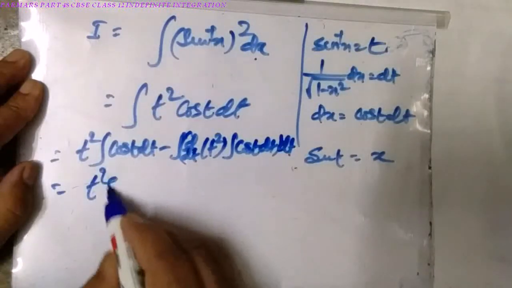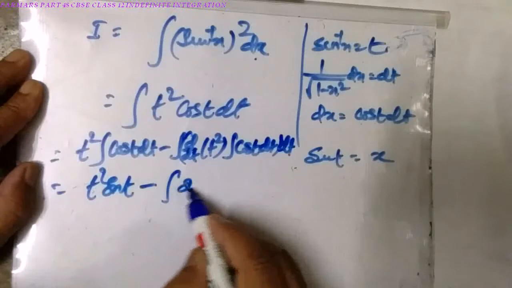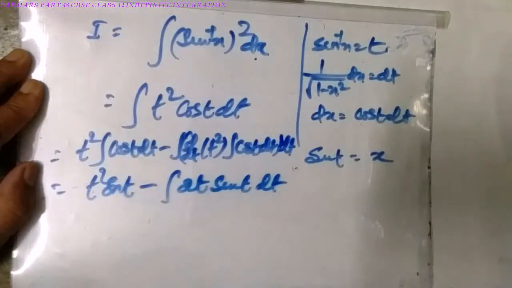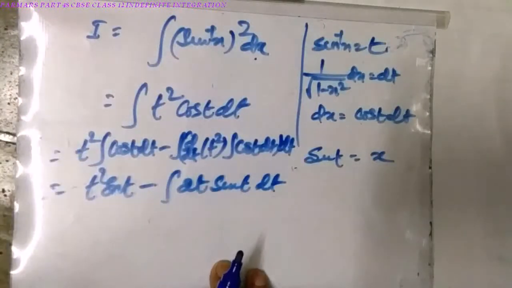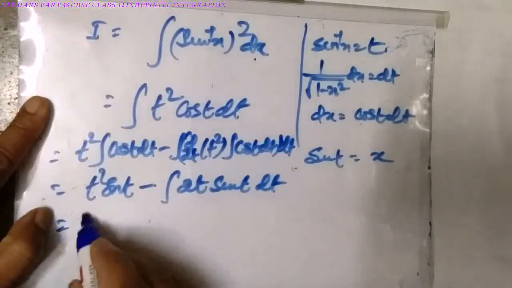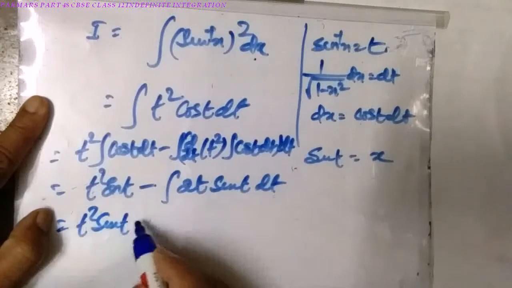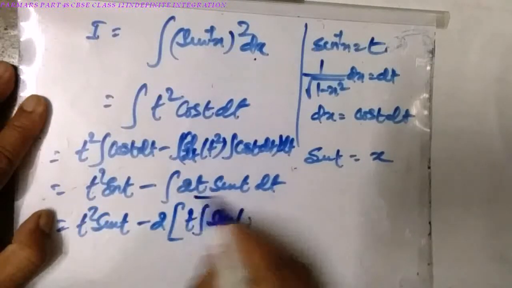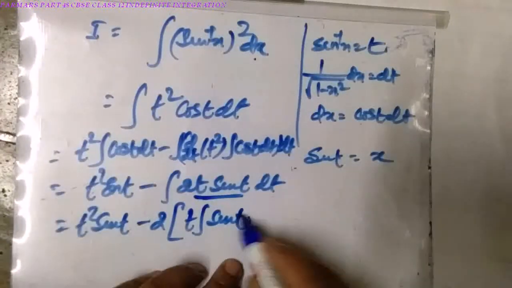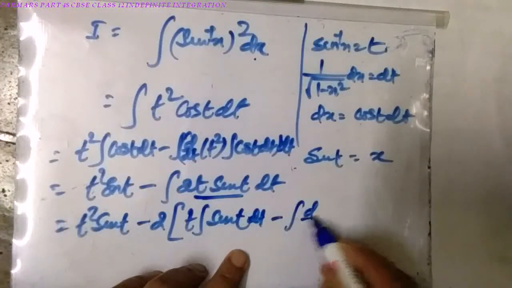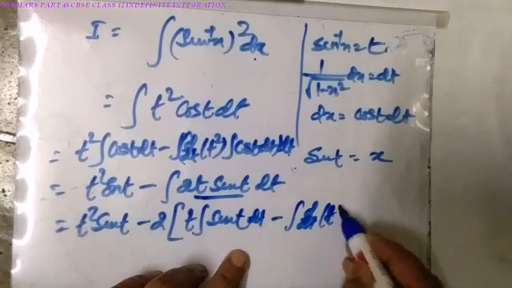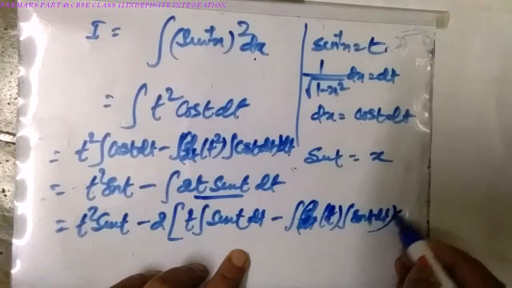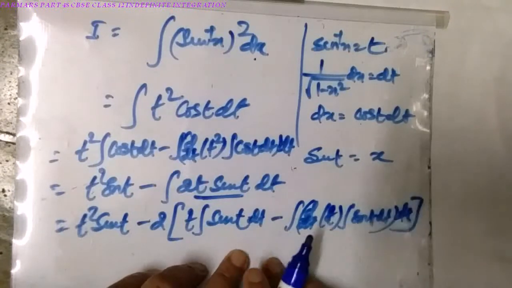That is t square sin t minus the integral of 2t sin t dt. From here I can say minus 2 t sin t, again by parts, sin t dt minus d/dt of t times the integration of sin t dt, and the whole dt, and complete.